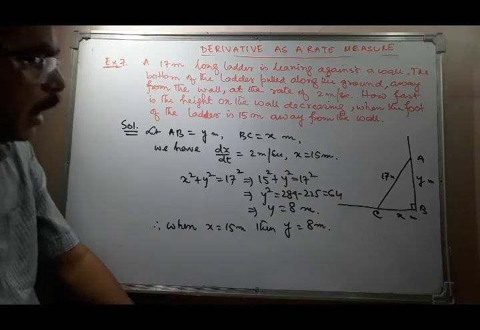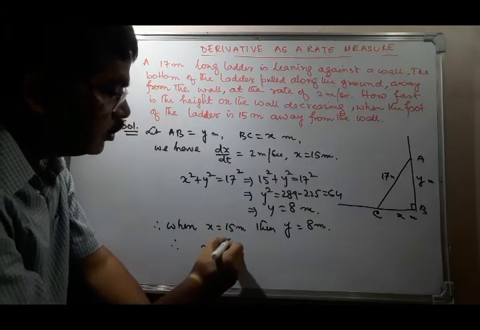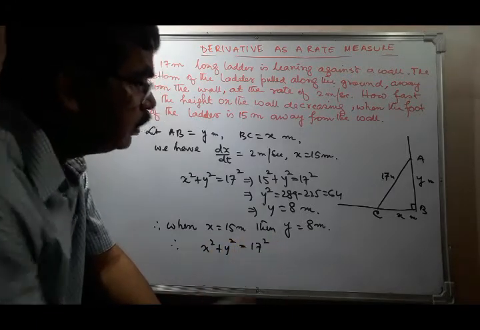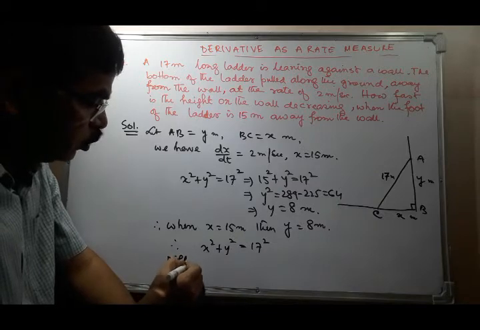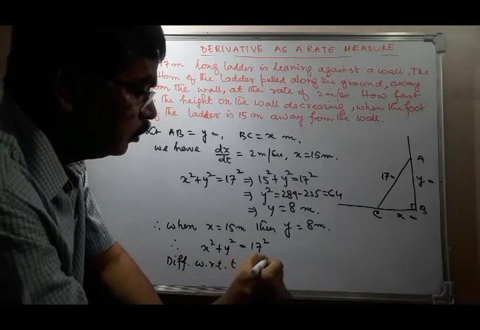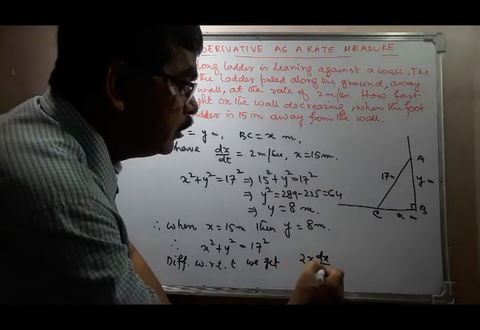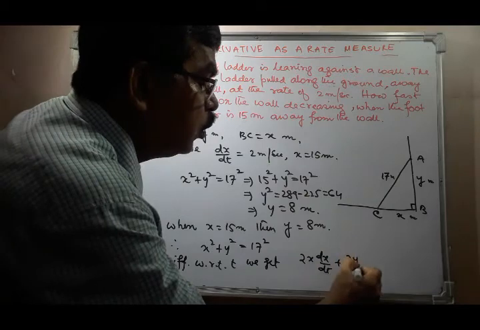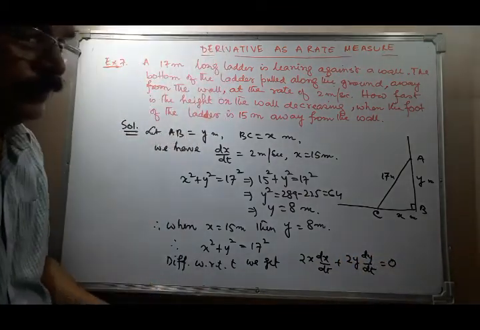So what is the main relation we have? Therefore x square plus y square equal to 17 square. Differentiating with respect to t, we get 2x dx by dt plus 2y dy by dt equal to 0.